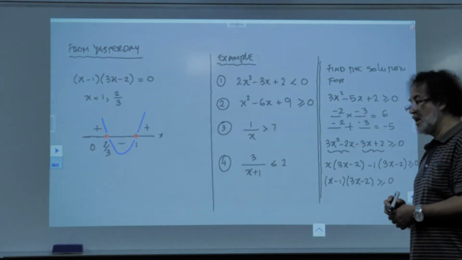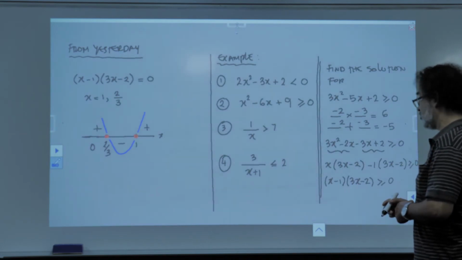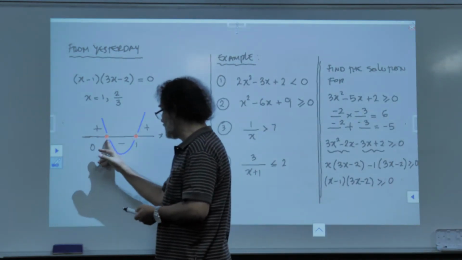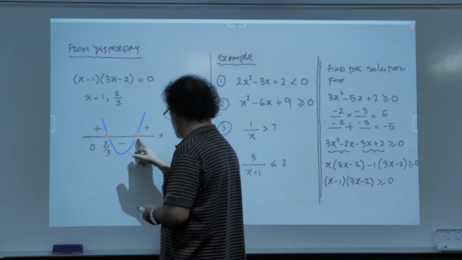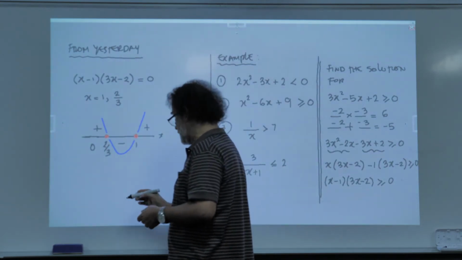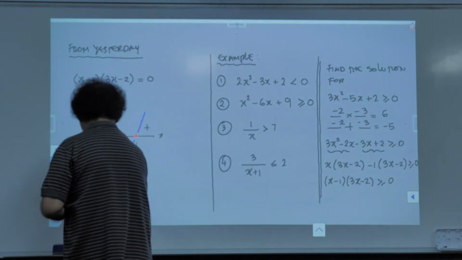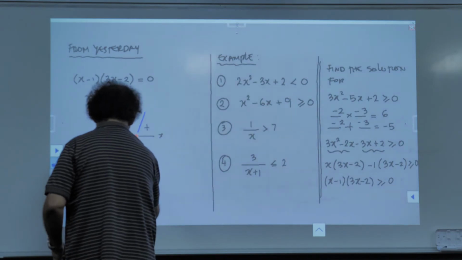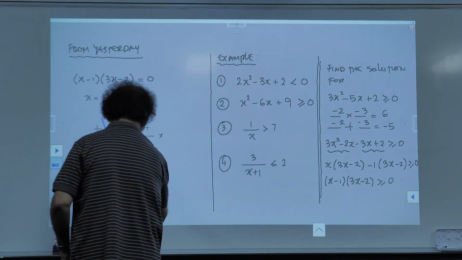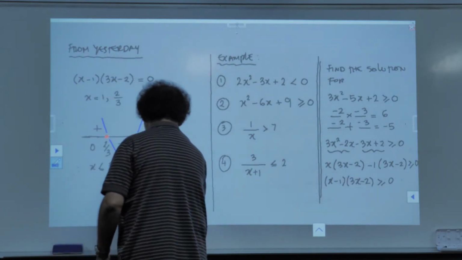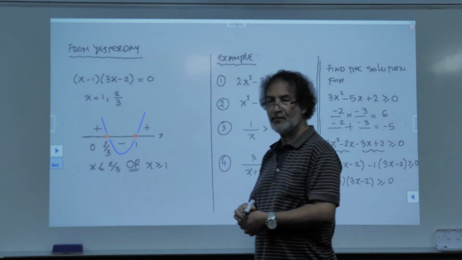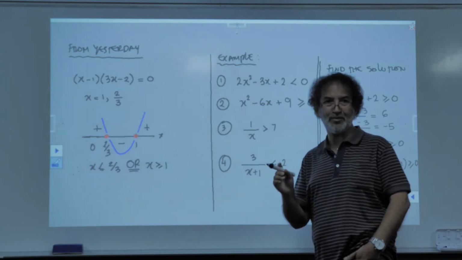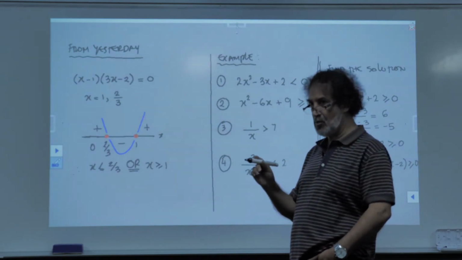All right? And then from the picture, we can see that positive occurs when x is less than or equal to 2/3 or greater than or equal to 1. Right? So therefore, x has to be less than or equal to 2/3 or x has to be greater than or equal to positive 1. Right? But then we use that very special notation, remember?